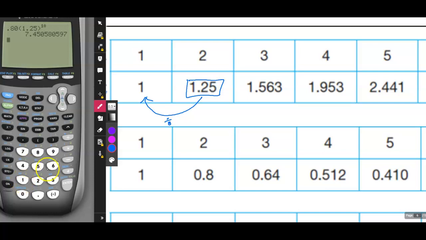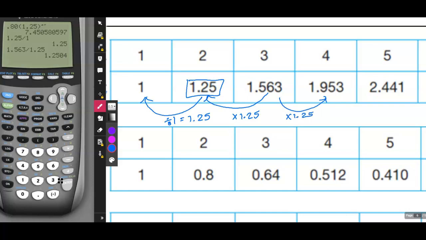So in this case, 1.25 divided by 1 means we're multiplying by 1.25. And we check, okay, is that the same every time? Take 1.563 and divide it by the previous term to figure out what you multiply by. We're multiplying by, again, 1.25. And in fact, each time you check, yes, we're multiplying by 1.25.